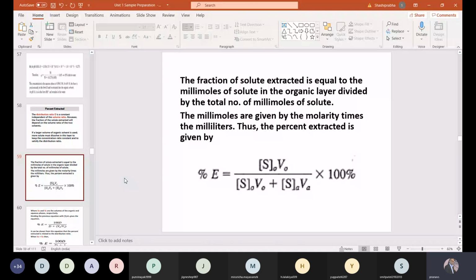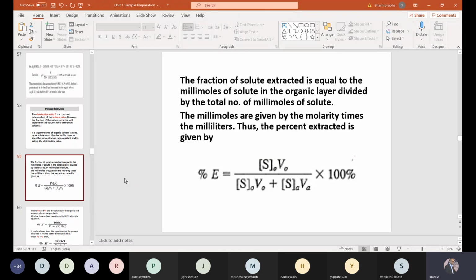The fraction of solute extracted is equal to the millimoles of solute in the organic layer divided by the total number of millimoles. It does not state millimoles of solute in the organic phase divided by millimoles of solute in the aqueous phase. It tells us the total millimoles of solute present initially, and that is how one can find the amount extracted.